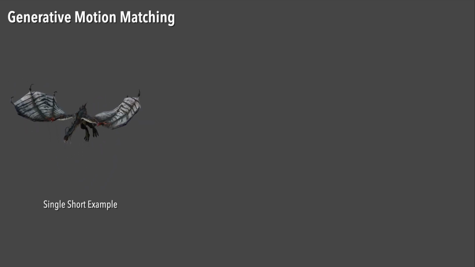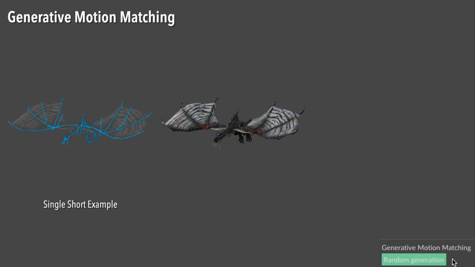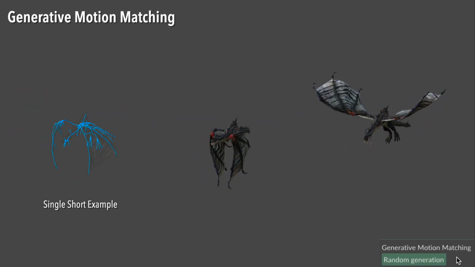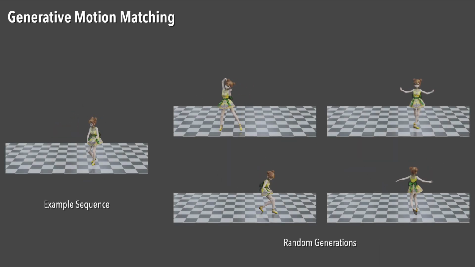Within the time of a single click, our framework generates diverse animations for a complex skeleton. Including the animation of the clothes.